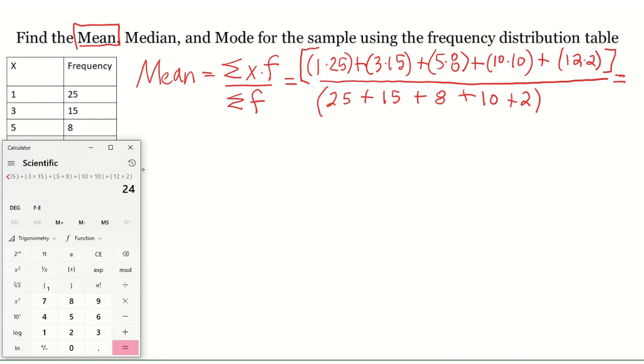Then I'm going to double check that I have all of my values. Got 12 times 2, 10 times 10, 5 times 8, 3 times 15, and 1 times 25. So I have all of my numbers.